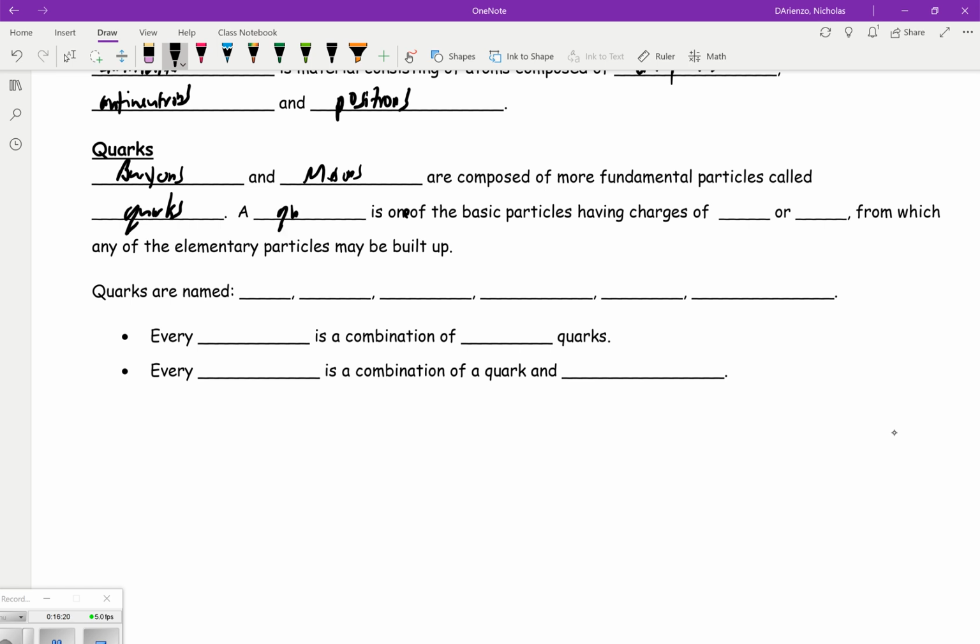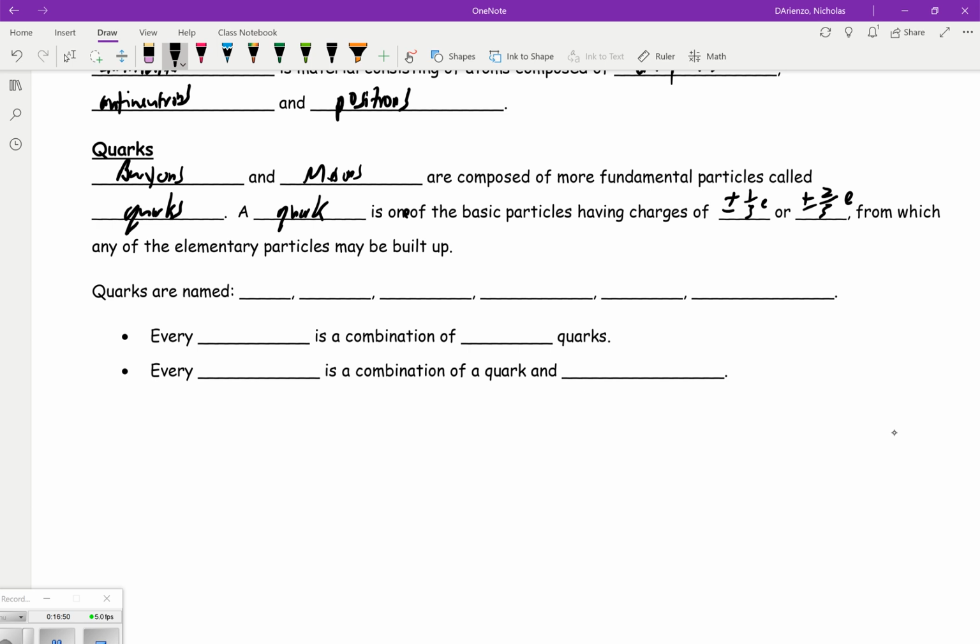Now, a quark is one of the basic particles having charges of either plus or minus 1/3 e or plus or minus 2/3 e. And using different combinations of these quarks, we can build up any of our elementary particles. And there were 6 different types.